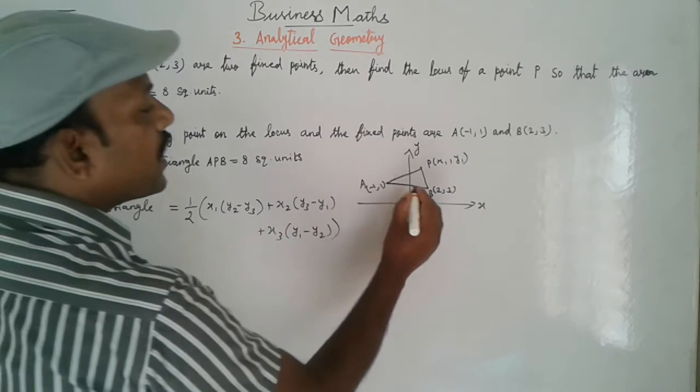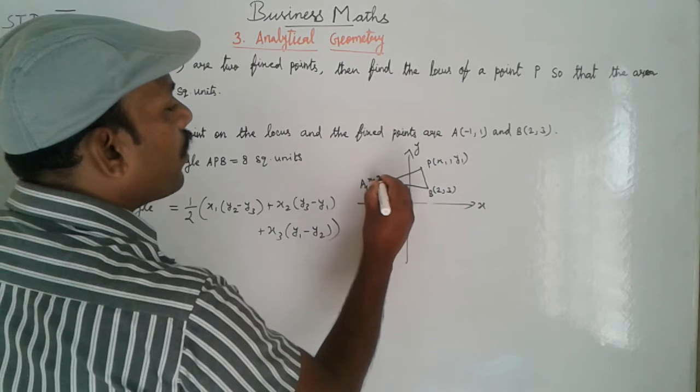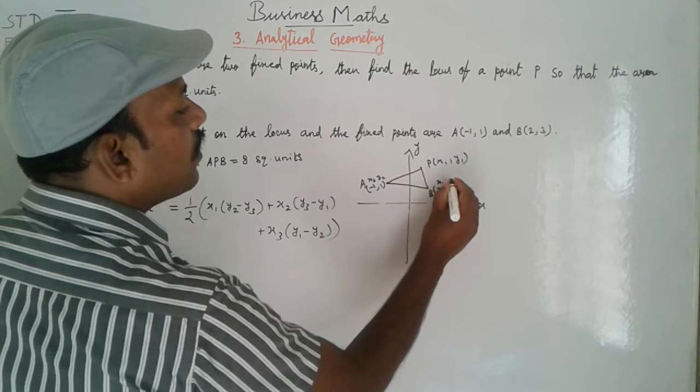We should substitute the 2 points. We should take this as x2 y2, x3 y3.